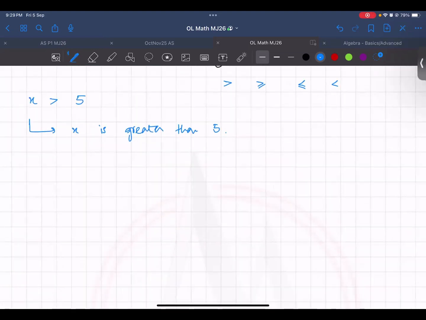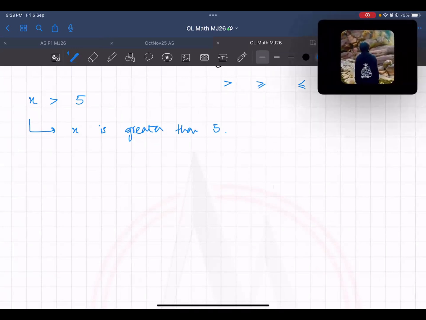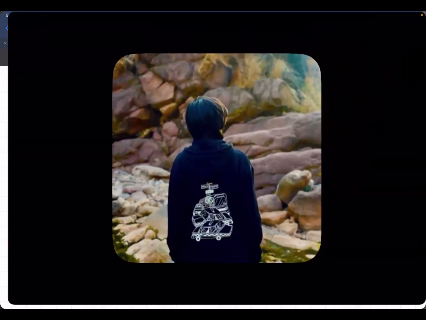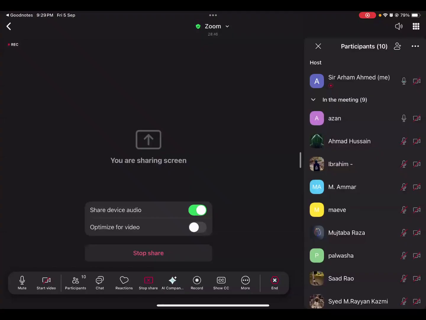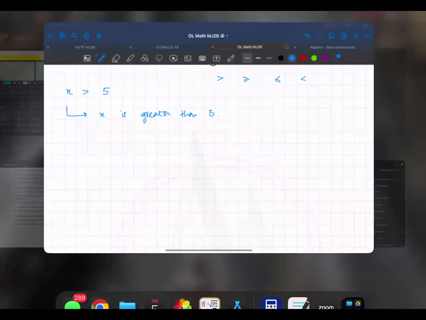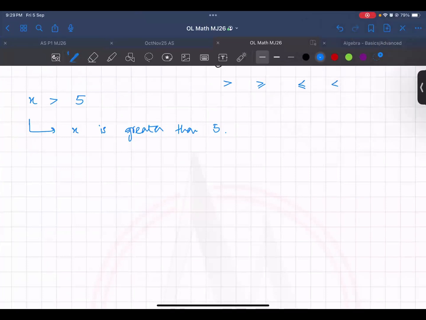The open crocodile face, you can say, is the greater part. And you can also say that 5 is less than x, but it's better to write the variable first.